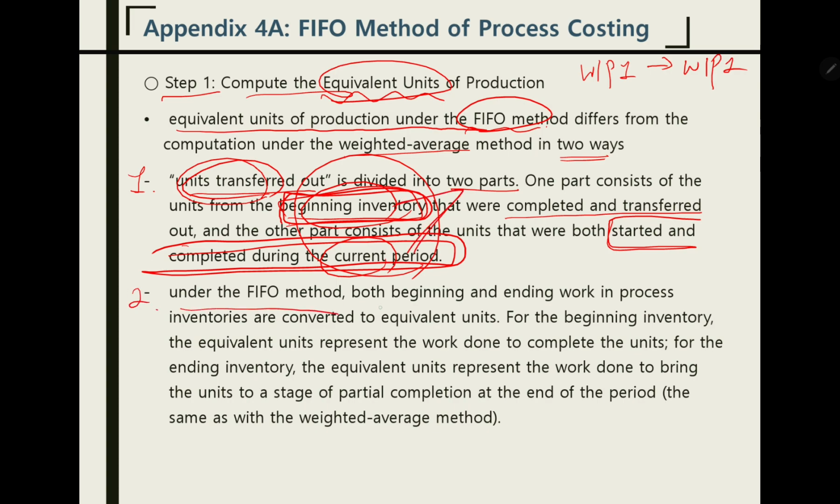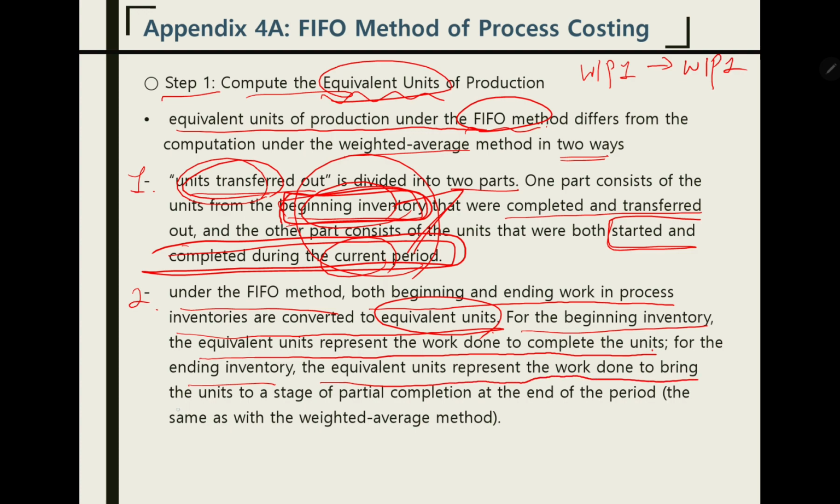Under the FIFO method, both beginning and ending work in process inventories are converted to equivalent units. For the beginning inventory, the equivalent units represent the work done to complete the units. For the ending inventory, the equivalent units represent the work done to bring the units to a stage of partial completion at the end of the period.